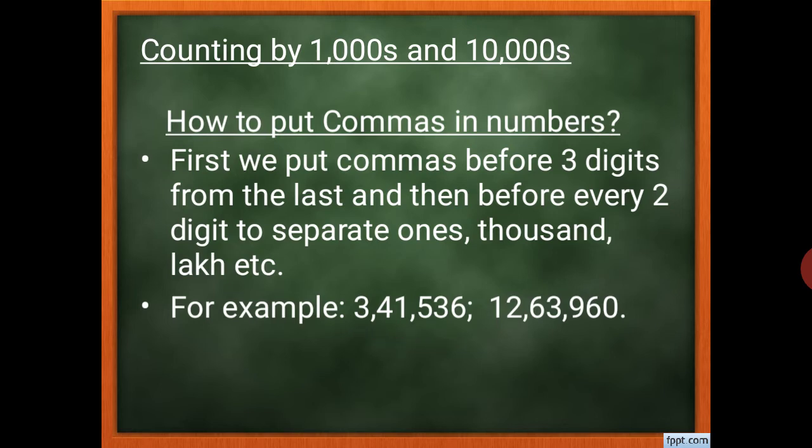So first you will start from the back and put a comma after the last 3 digits and then before 2 digits and so on. As you know, this is the ones column, this is the thousands column and this is the lakhs column. So we separate ones, thousands and lakhs with the help of commas.